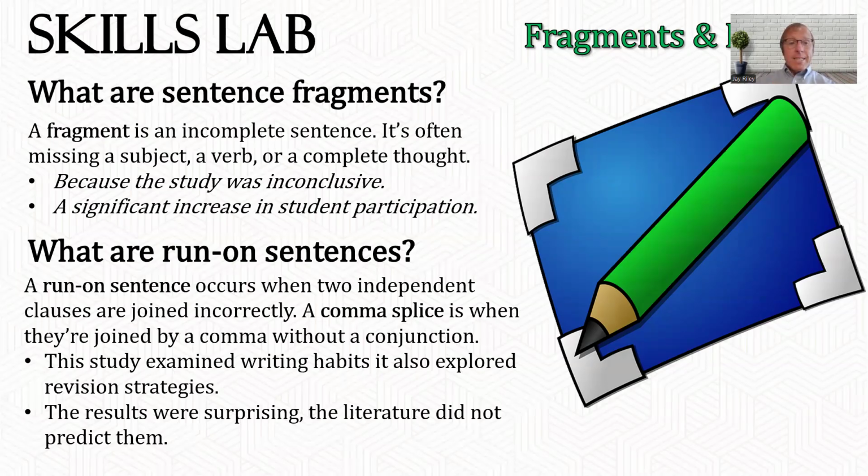And a comma splice is when they're joined by a comma, but there's no coordinating conjunction. This study examined writing habits. It also explored revision strategies. And the second sentence, we've got a comma splice. It says, the results were surprising. The literature did not predict them.